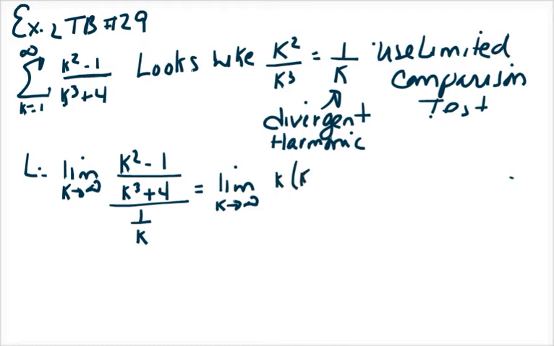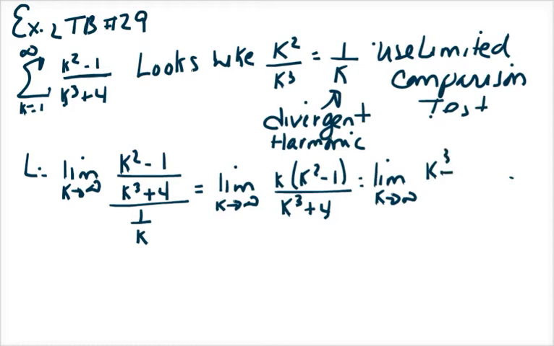And this is k times k squared minus 1 over k cubed plus 4. And I'm going to distribute in that term. Get k cubed minus k up top and k cubed plus 4 on the bottom.